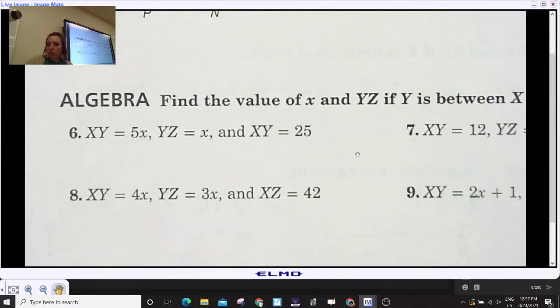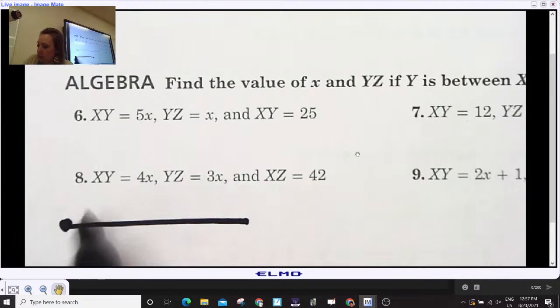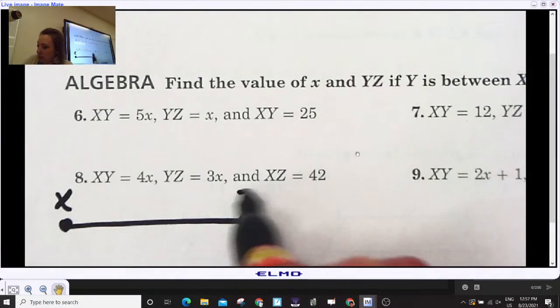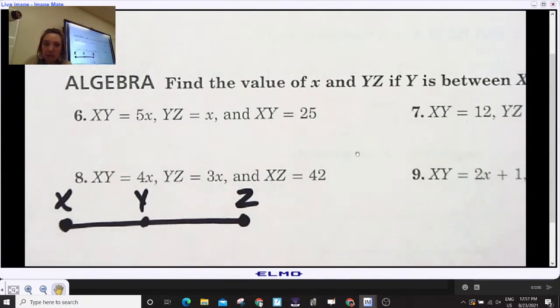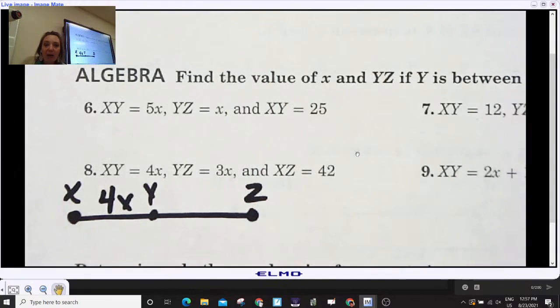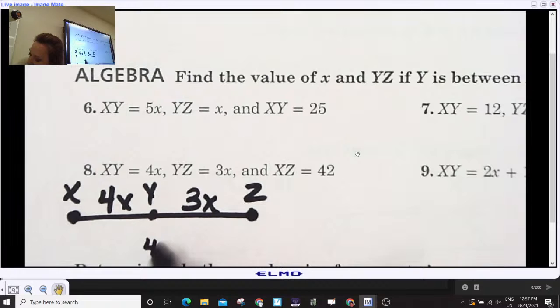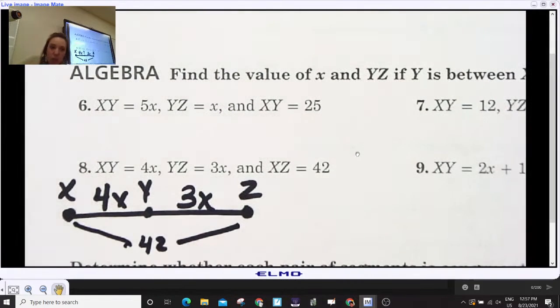So if you sketch out that line segment, put an X on one end, a Z on the other end, and a Y in the middle, then you label the parts you know. So XY is 4x. YZ is 3x, right? And then when they tell us about XZ, which is the whole darn thing, it's 42. Y'all with me so far?